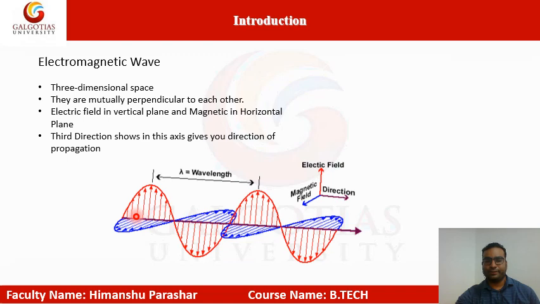As you see in the figure, the red one shows the electric field, the blue one shows the magnetic field, and the third one, purple, is the direction of propagation. The third axis gives you the direction of propagation, or you can say the wave propagates by the mixing of these two fields, electric and magnetic, and these three are mutually perpendicular to each other, maintaining a 90-degree angle.